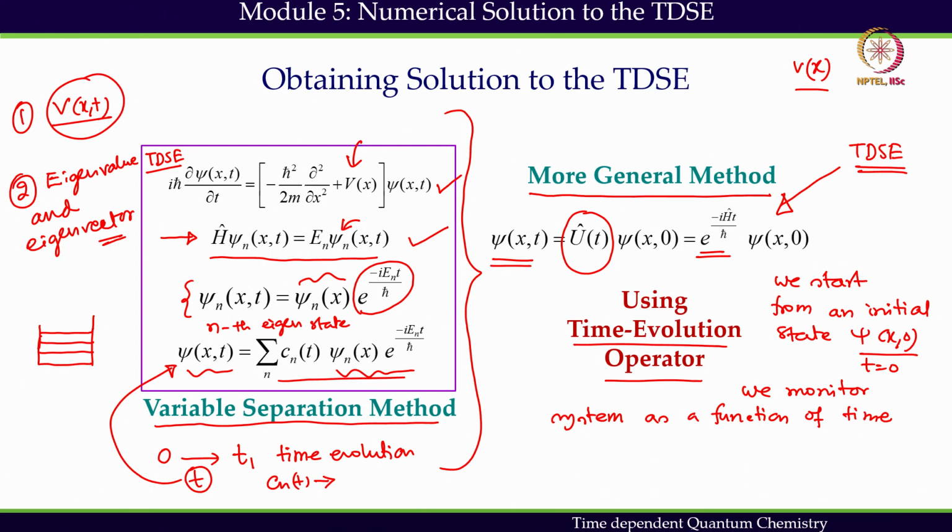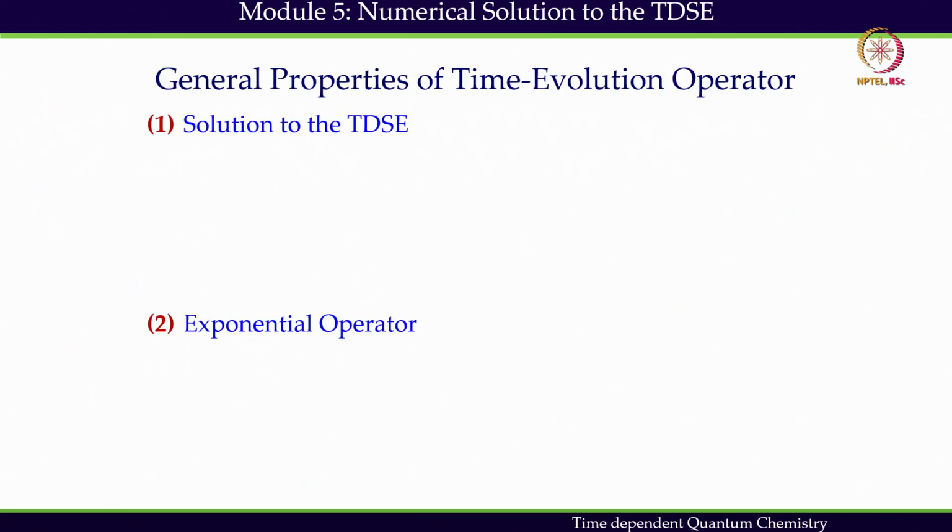Before we present the numerical implementation of the time evolution operator, we will go over some of its general properties, because that will help us understand the meaning of this operator. Different properties will help us, and the numerical implementation will also be much easier once we understand the meaning of this expression.